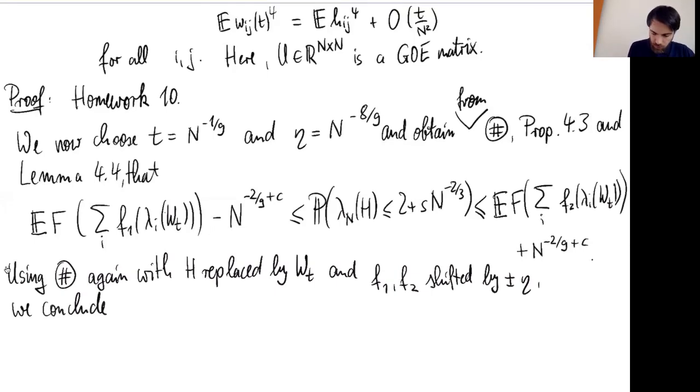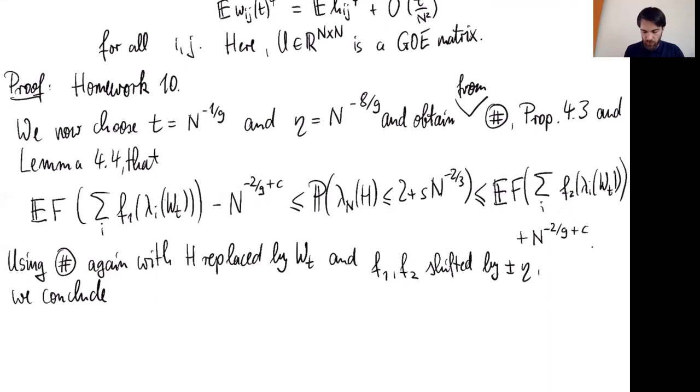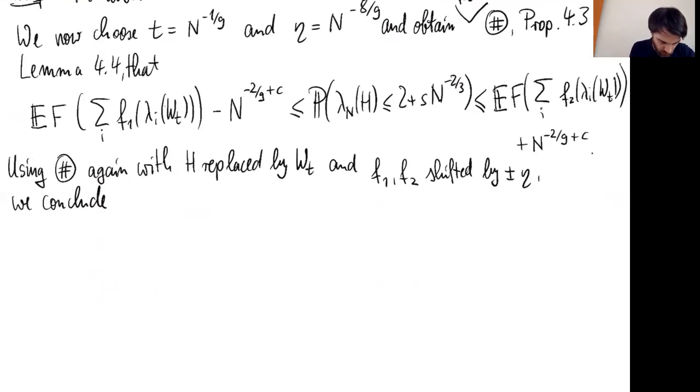If we use this sharp here, then we can express this here back. Then we get a lower bound on this here in terms of a probability of lambda n of wt, and we get an upper bound on this here also in terms of this probability. But then the places where you evaluate the probability are slightly shifted, so it looks as follows.